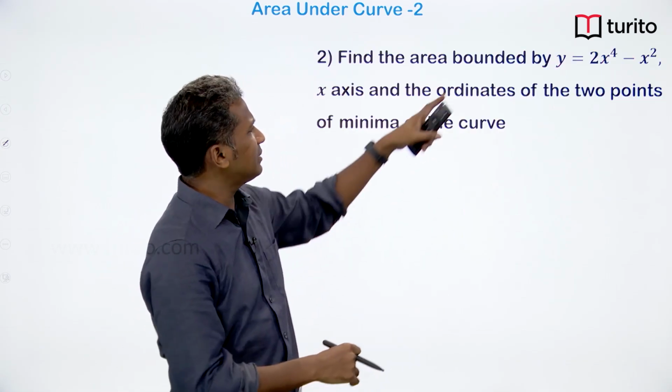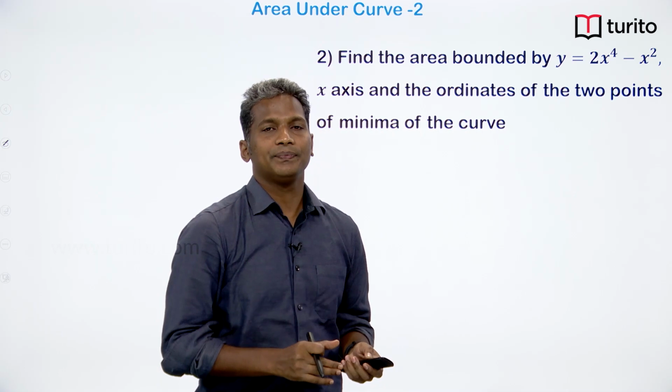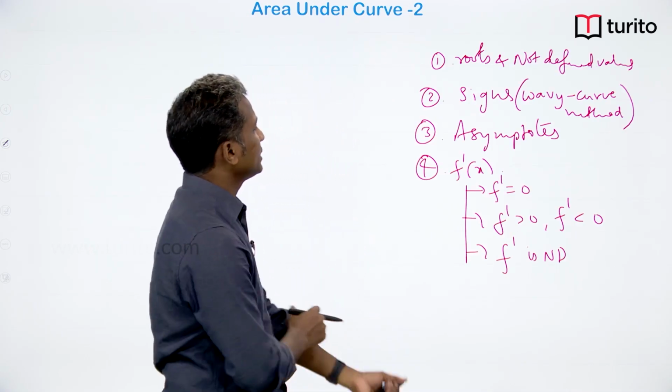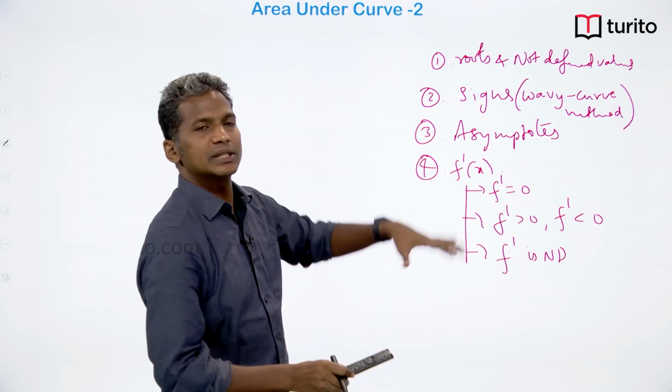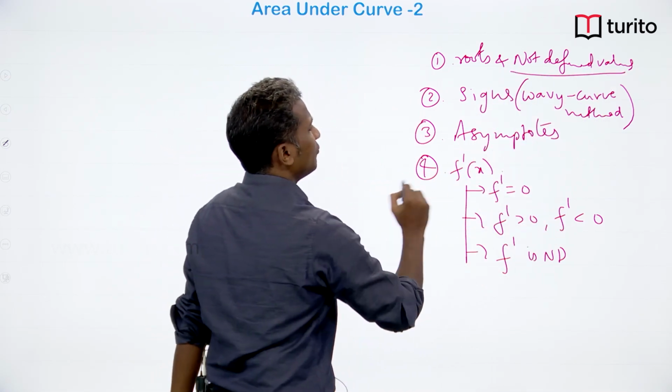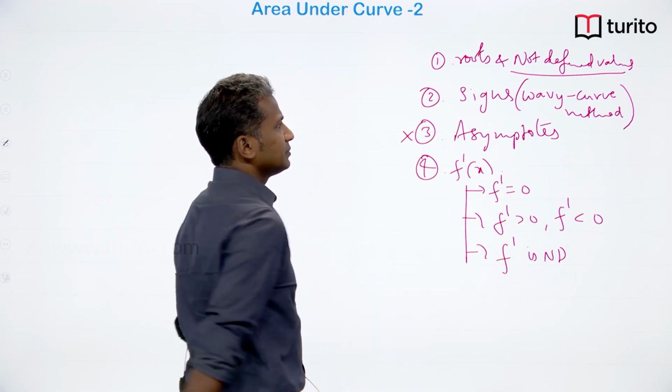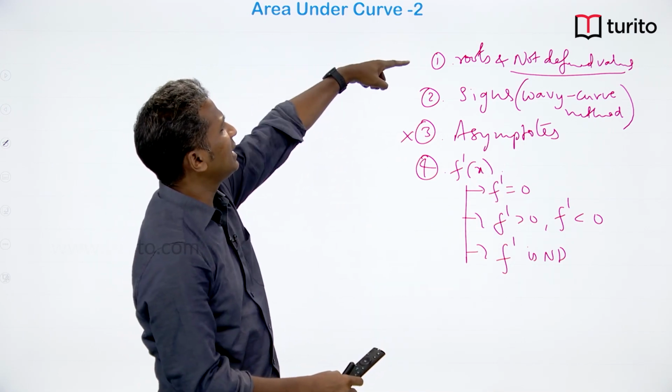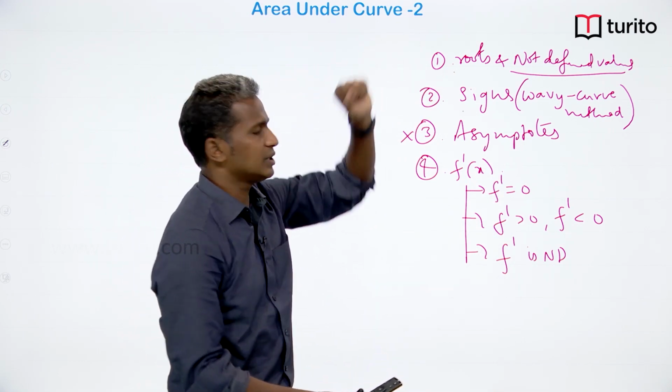This is for any general function. But because here a polynomial function is involved, we do not need to do so much, because we do not get not defined values or asymptotes. So, we can straight away handle the function using roots and signs only.